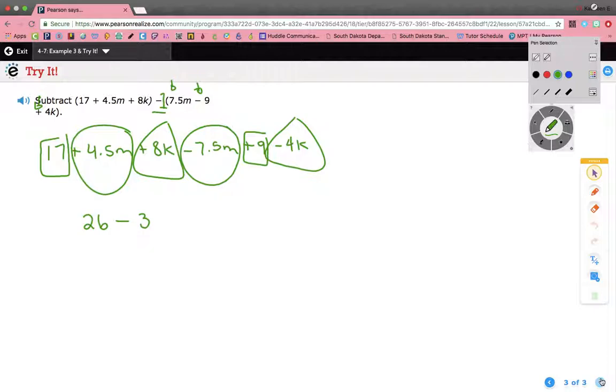And then 8k minus 4k is going to be a positive 4k. All right, distribute that -1. That's how you make sure that these signs are all going to be correct. Distribute that -1, combine like terms, and then you get to your final answer.